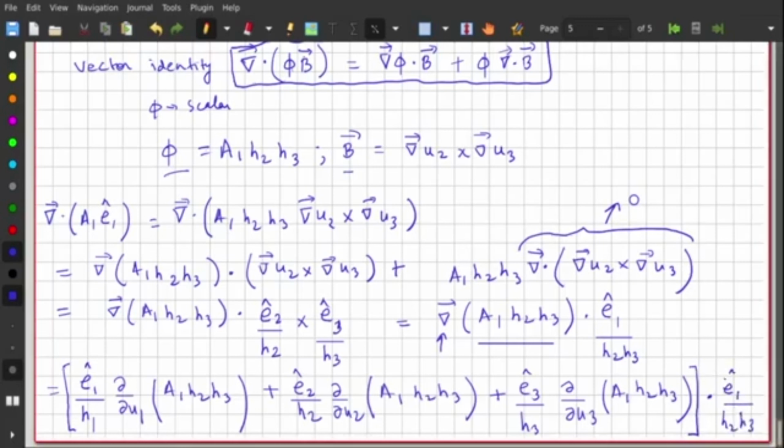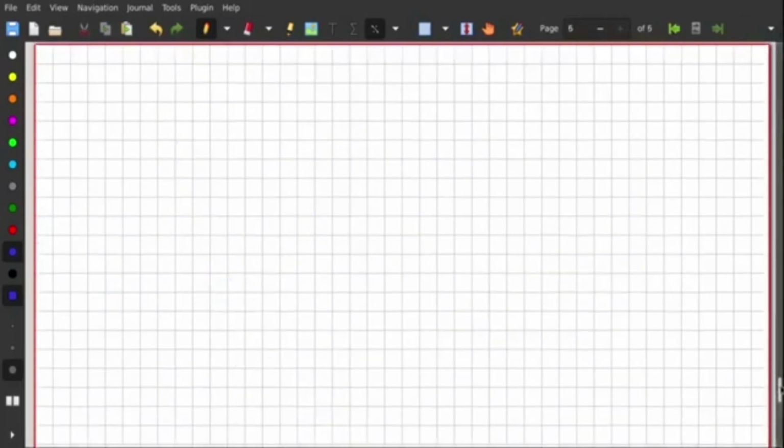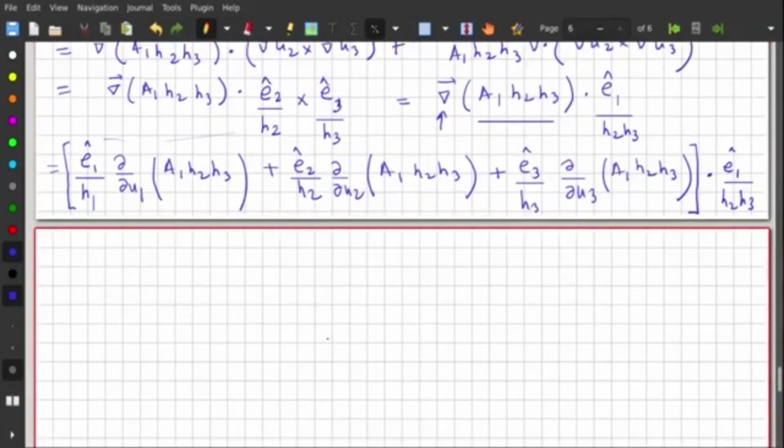If you see, we are just dotting it with E1, so that is the only component which will survive, the others will become 0, because of the orthogonality of the E vectors, E1, E2 and E3.